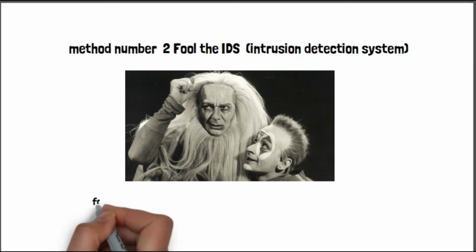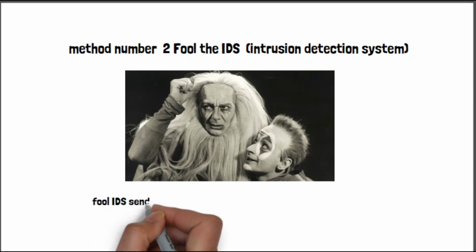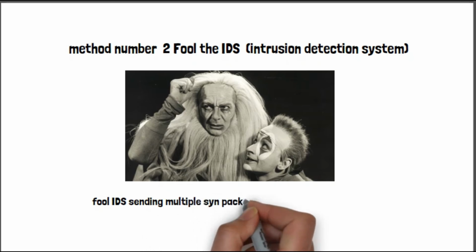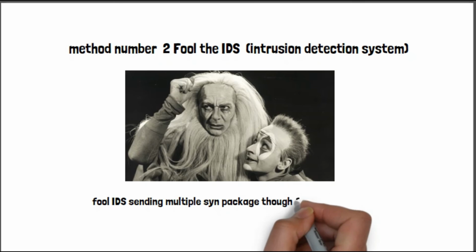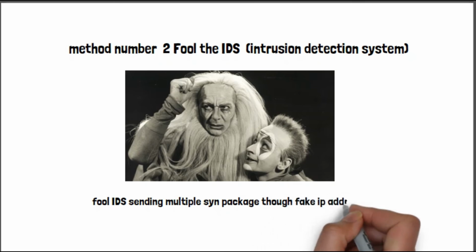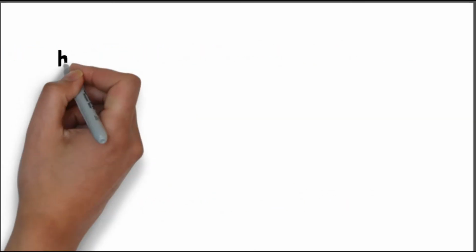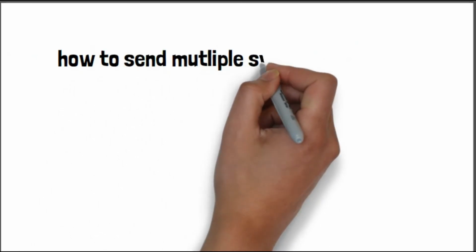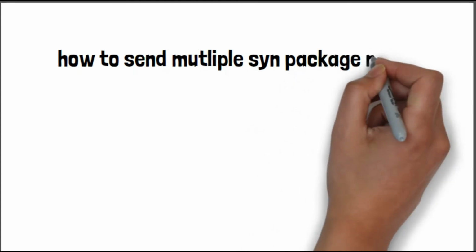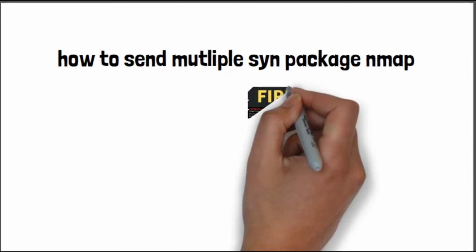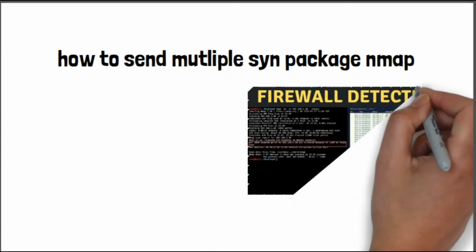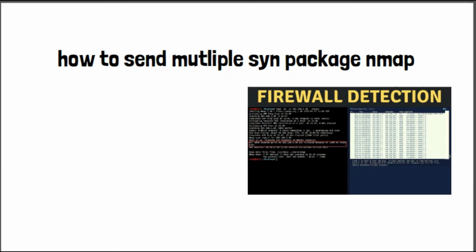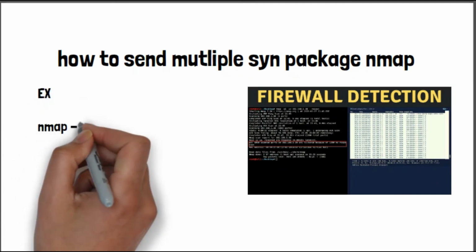But you can fool the IDS by sending multiple SYN packages through multiple fake IP addresses. For that reason the system cannot understand what the real IP of the attacker is, and the IDS is not able to prevent the attack.